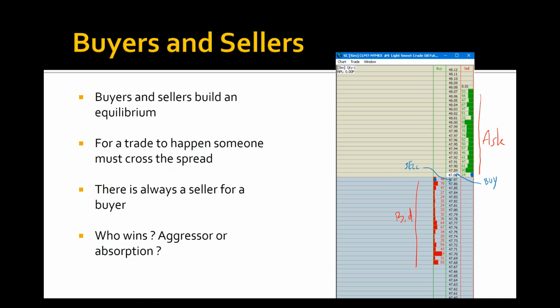So this is how trades are made, and this is how the market is able to establish the prices. If you buy here at 47.88, the person that is selling you a contract, one of the 24 here, is not expecting to lose money. He's your counterparty. And here, if you sell at 47.87, one of the 48 contracts here, the one who's buying it from you, is not willing to lose any money.